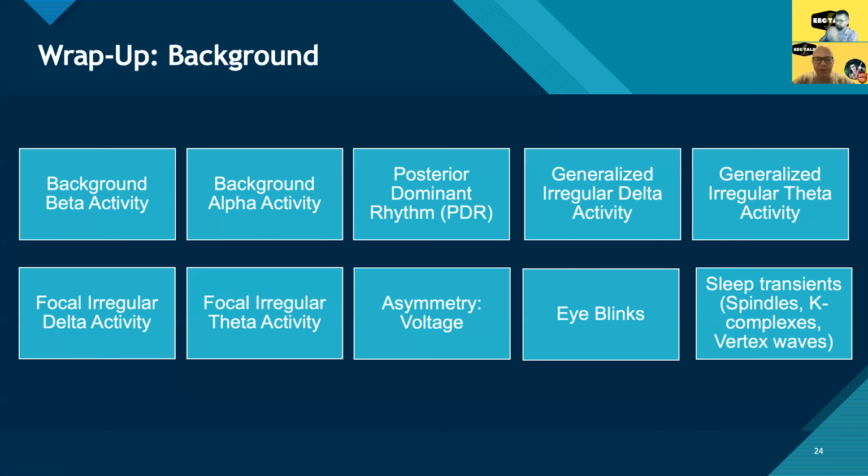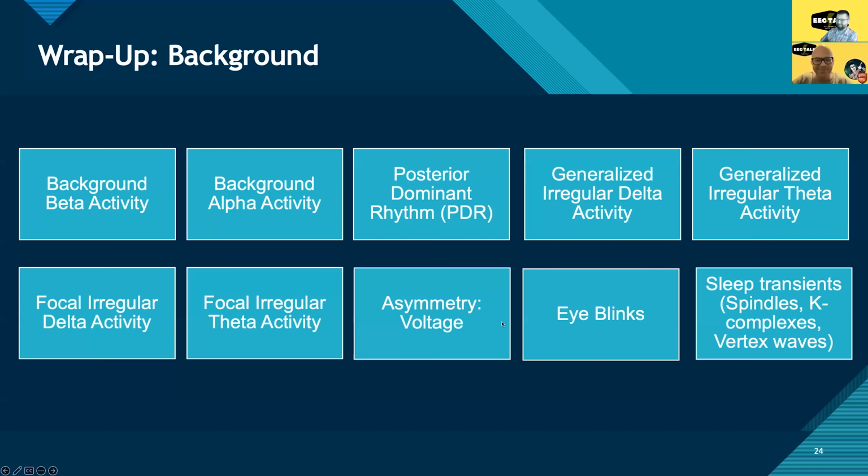And so this can, of course, happen together with generalized slowing, but it indicates something additional that's wrong in a specific location.